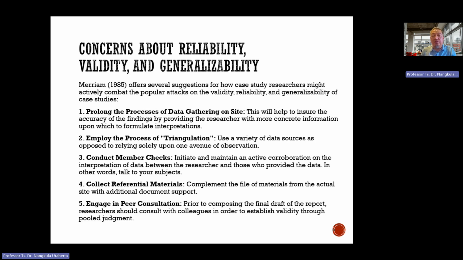Or you can conduct member checks. Like when I talked about mixed methods, sometimes you pick up a certain important phase of your data, then from that you conduct another research on it. That's in mixed methods.